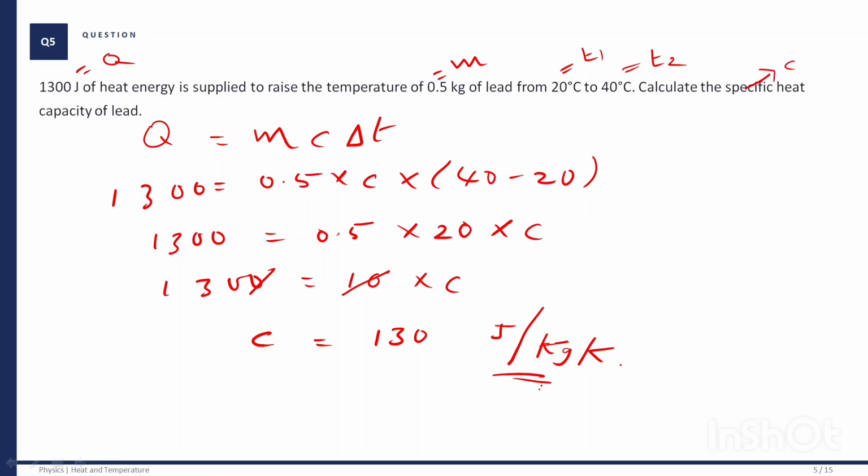We have only one formula and use it directly: Q equal to m c delta T. Then finally I found the answer C equal to 130 joule per kg Kelvin.